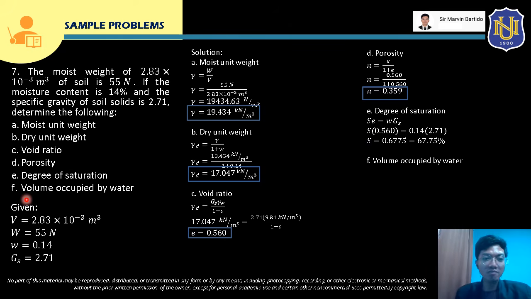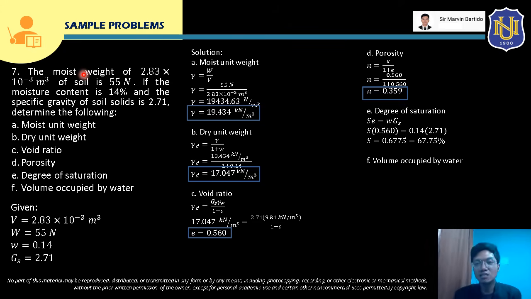Now, for letter F, this is the volume occupied by water. So, this is the volume of the water nung sample natin. Saan ba natin to pwedeng makuha? Class, di ba, yung volume ng water, kasama siya sa formula sa porosity ba yon? Hindi. Volume ng void over total volume, yun yung porosity.